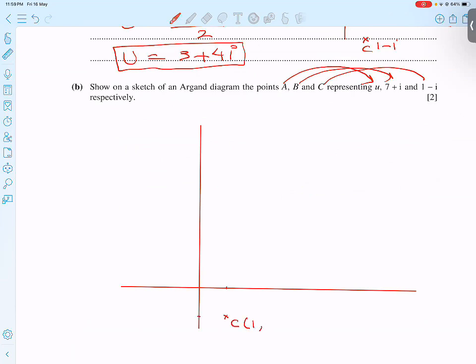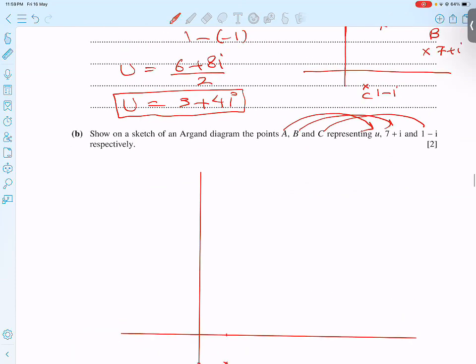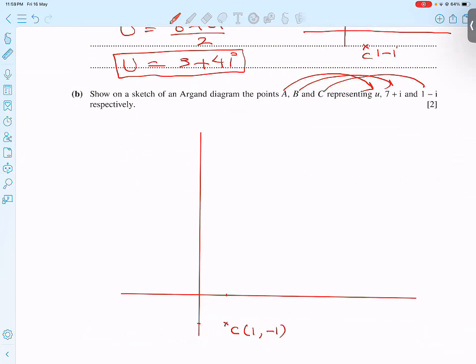No need to write the iota format, 1 minus 1 is enough. This point, 1 minus 1, is enough. 7 plus, so 1, 2, 3, 4, 5, 6, and this is 7. And iota means 1 up. So this point I get, and I'm writing here the B coordinate, 7 comma 1.